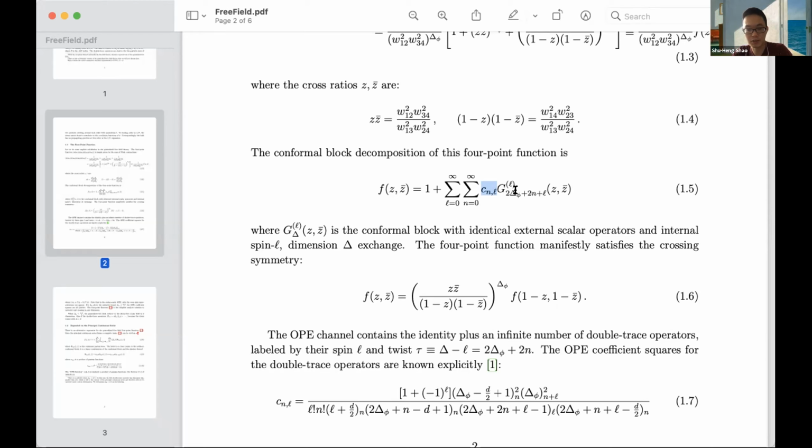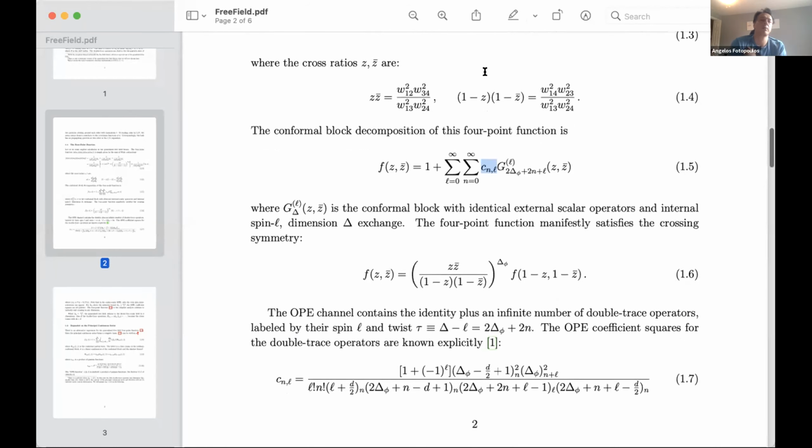But once you are in 3D or higher, you can safely insert delta phi to be (d-2)/2. Here, d is the dimension of the generalized free field. So what changes when you go to actual free fields? The only thing that changes is that one of these double trace operators is the stress tensor. Ah, okay, so you have an energy momentum tensor then. Yes, it's going to be the one with the double derivative. That's right.